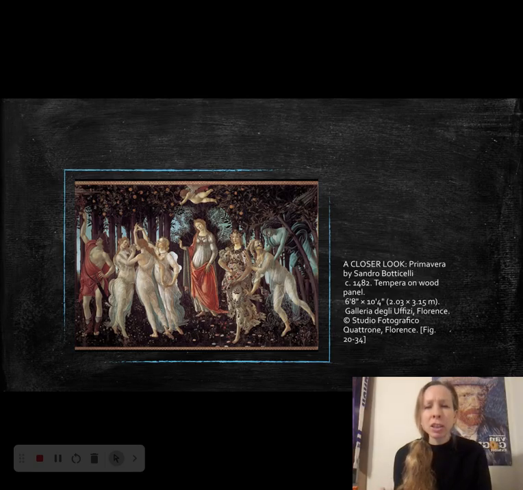And its lush garden setting, elegant figures, and its mythological subject matter reflect how art became a form of intellectual display among the wealthy. So the resemblance to the Flemish tapestries with its dense, floral background and decorative surface also shows how international trade influenced Italian art in Florence.